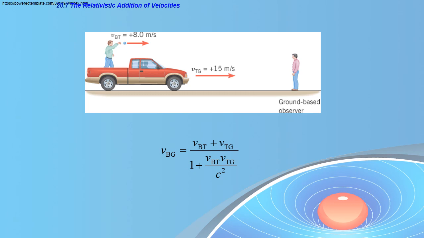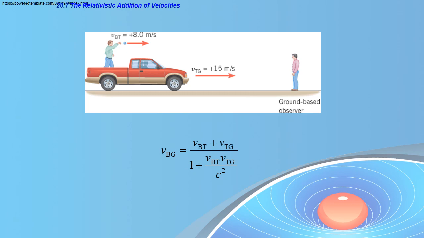But if I know their velocities relative to the speed of light, relative to an observer, then I can actually make a more accurate answer by adding a 1 plus v_BT v_TG over c squared. Now, obviously, 8 times 15 is going to be really small relative to 800 million squared, which is c squared.